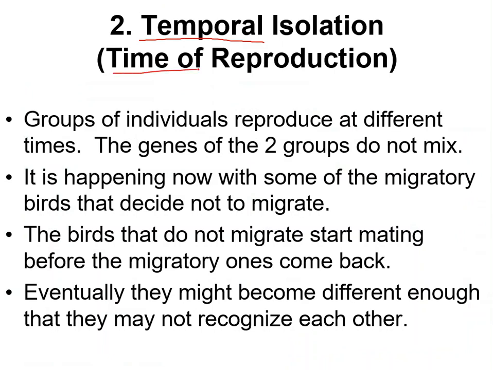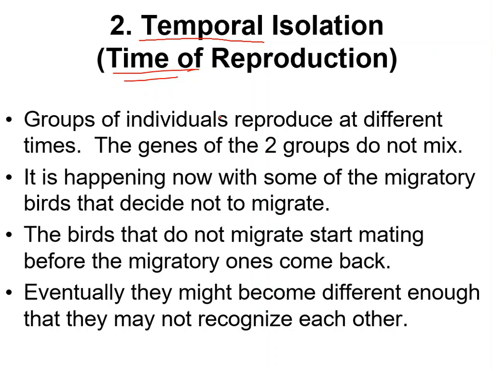Temporal isolation is basically when you are ready to reproduce. Birds and a lot of amphibians have mating seasons, and even a lot of mammals have mating seasons too. If your mating seasons are different, then you're never going to reproduce. Is this an issue with humans? Do humans experience temporal isolation? Think about it. The answer is that we don't. It doesn't matter if it's winter, spring, summer, or fall.